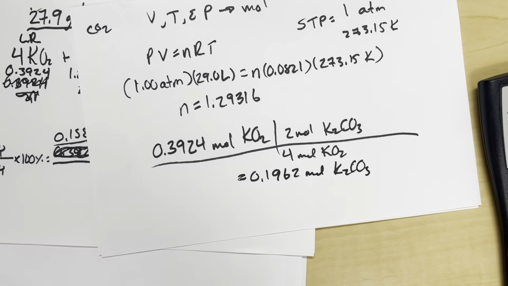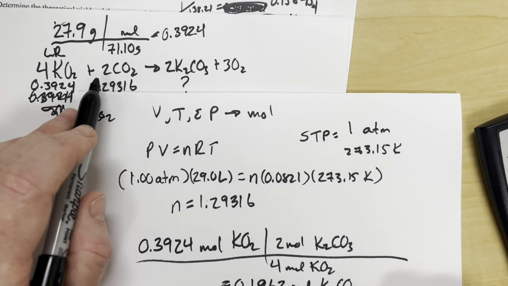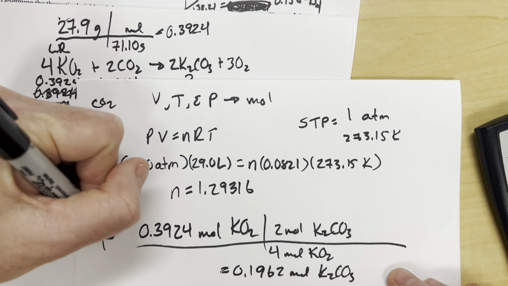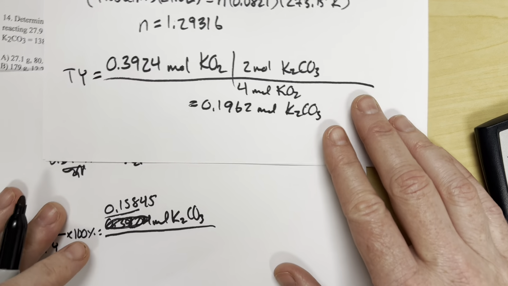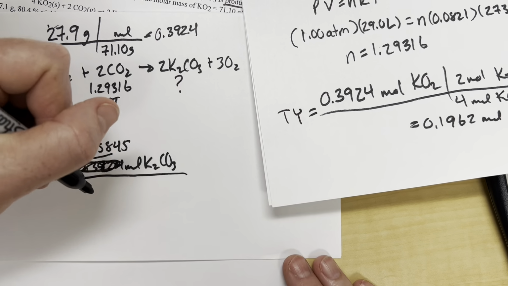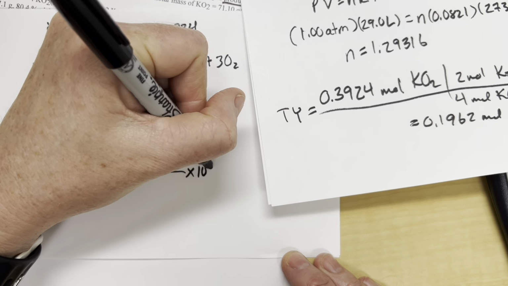But what did we just find? If you remember, anytime you have a limiting reactant, and then you figure out what you make over here, what you're figuring out is the theoretical yield, the most you can make in theory. That was our theoretical yield. So that's the number that we can now plug into here: 0.1962, and then of course times 100%.